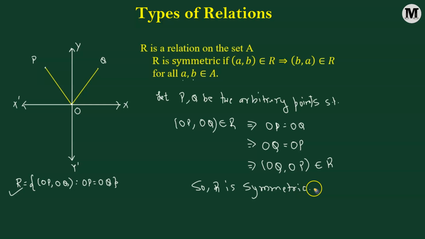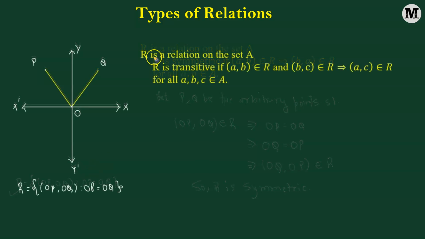Fine. And now we will finally come to the third one, where we'll check whether the relation R is transitive or not. Now, R is a relation on the set A. Then this relation R is transitive if we consider the ordered pair (a, b) belonging to the relation R and another ordered pair (b, c) belonging to the relation R, and that would imply that (a, c) belongs to the relation R for all values of a, b and c picked from that set A. So this is what it means when we say that a given relation R is transitive.